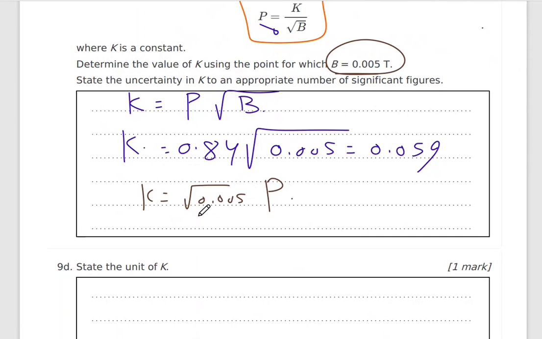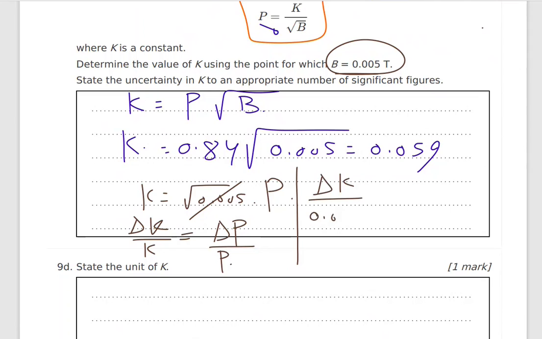Since you have multiplication, you find the fractional or percentage uncertainty. So it will be the uncertainty in K divided by the original equals, this one you ignore, the uncertainty in the period P divided by the original. I need the absolute uncertainty, so delta K divided by the original value of K, which is 0.059, equals the uncertainty in the period, which we've just calculated, 0.03, divided by the value of the period, the time for one oscillation, 0.84.